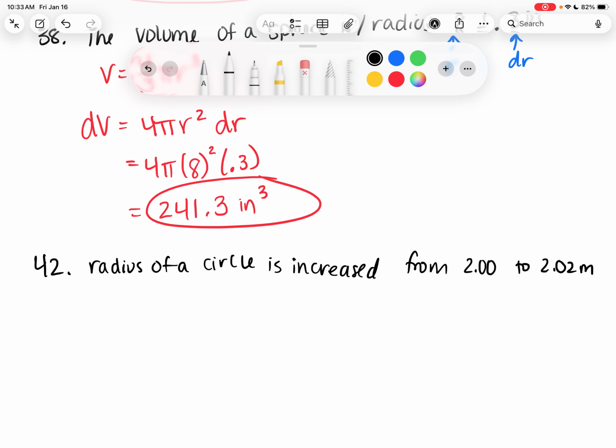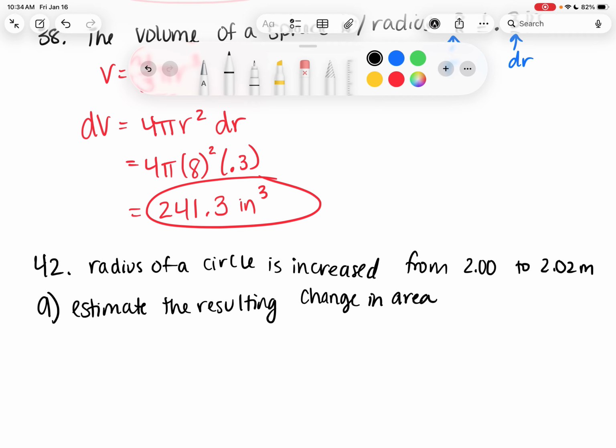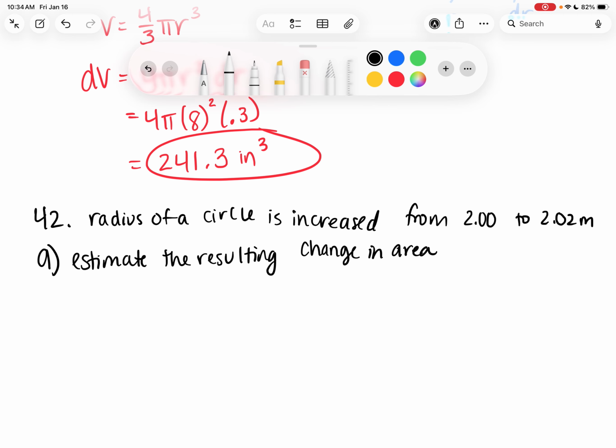And then I was like, oh, wait, it's just a circle. And this has 2 parts. So part A says to estimate the resulting change in area. And then I'll write part B after we do this.